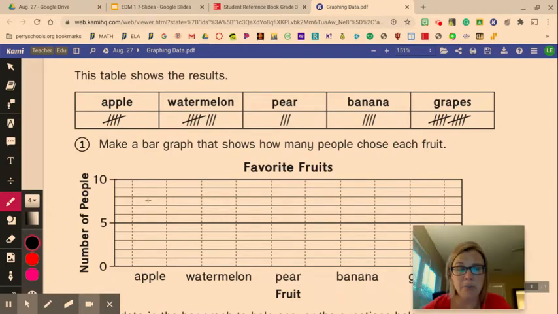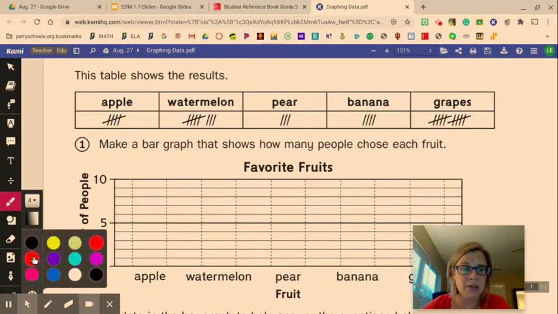On my bar graph, I can see my title, favorite fruits. On the left side, I can see the number of people, and on the bottom, I can see the type of fruit. My scale interval is 1, 2, 3, 4, 5. So each box represents 1 person. So when I look at this, there were 5 people that chose apples.